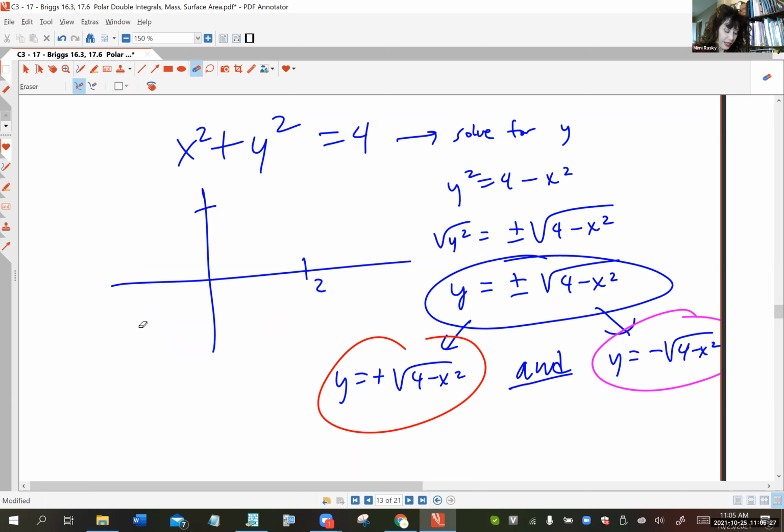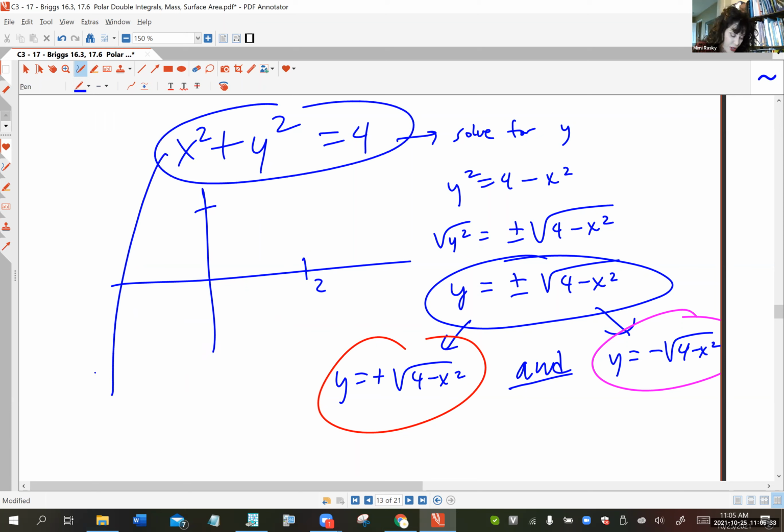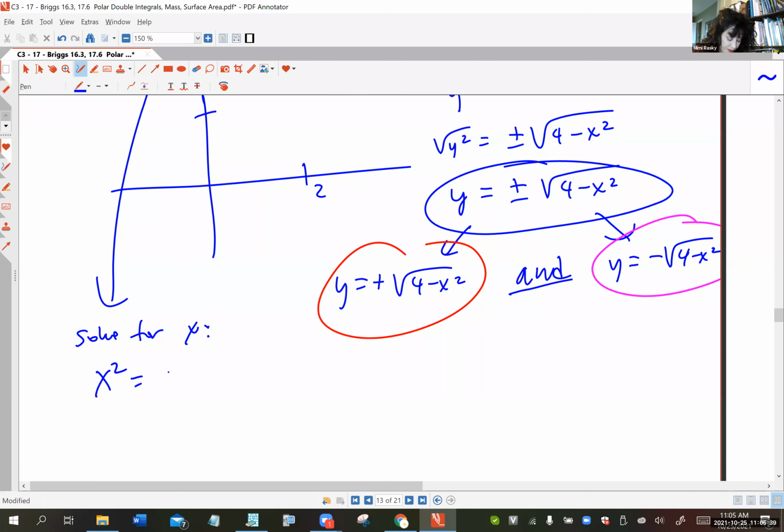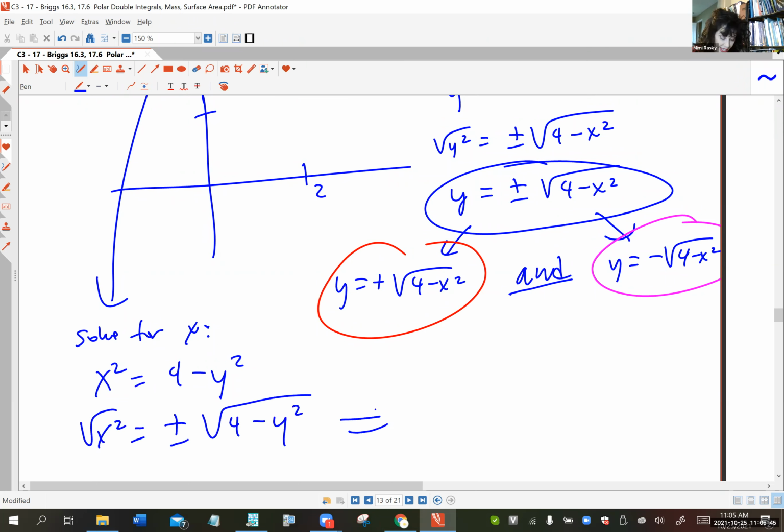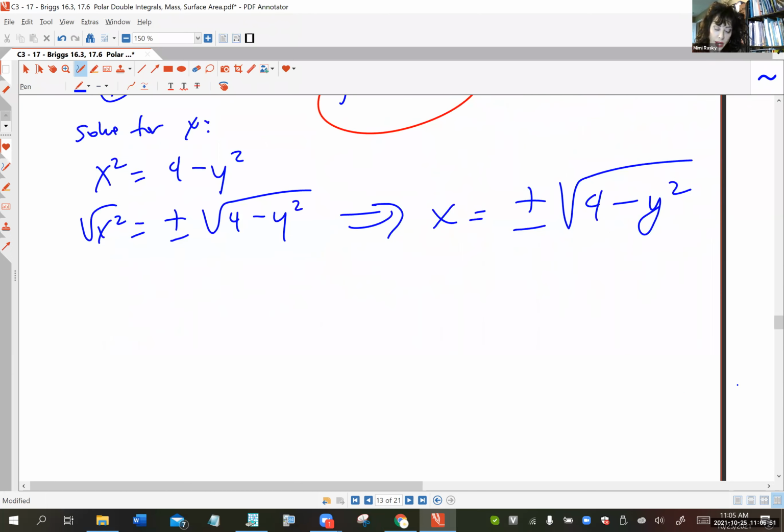What's another way? Well, sometimes you might find yourself needing functions of y instead of functions of x. So in that case, solve the circle equation for x. Once again, you're going to have to take the square root of both sides, and you'll get that x is equal to plus or minus the square root of 4 minus y squared.